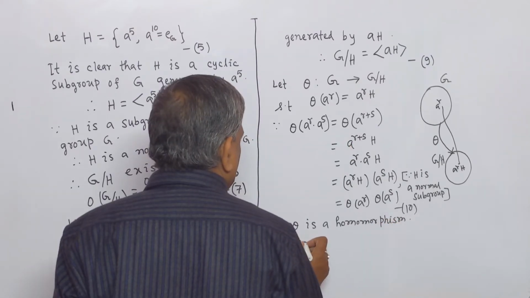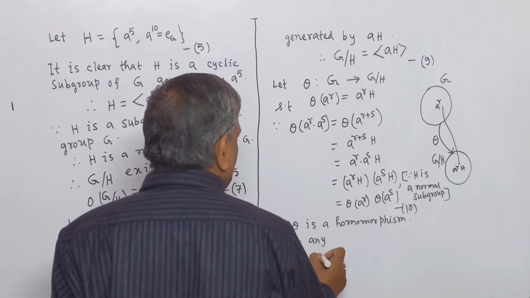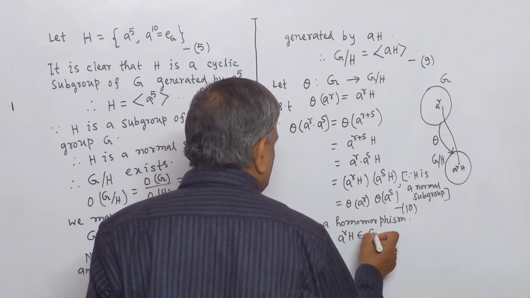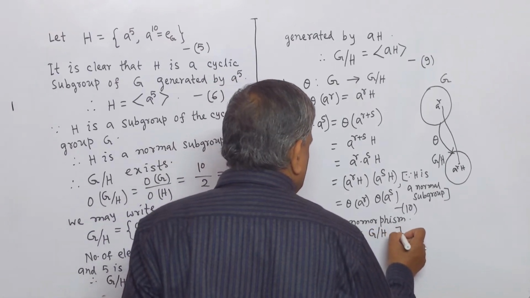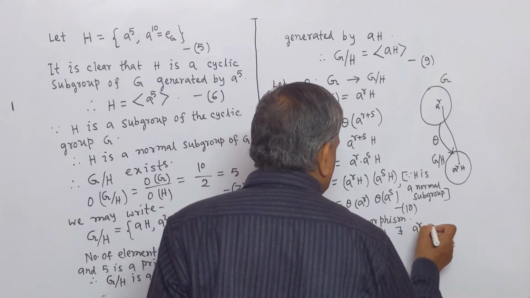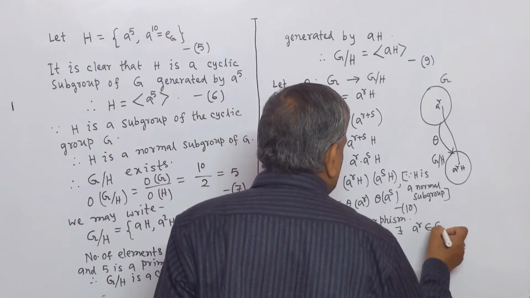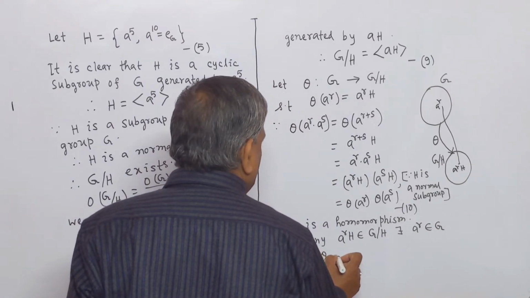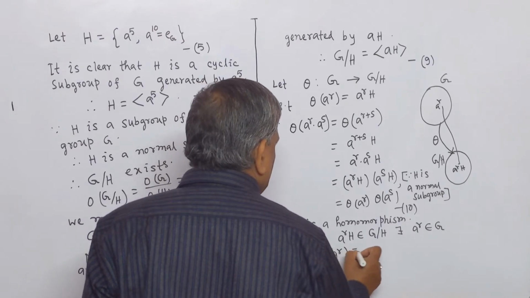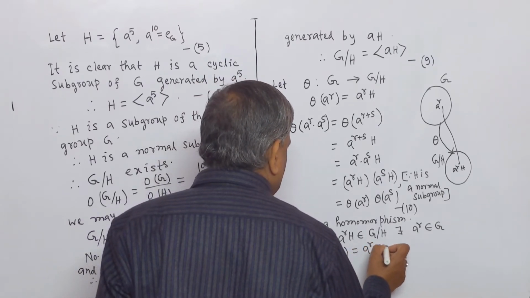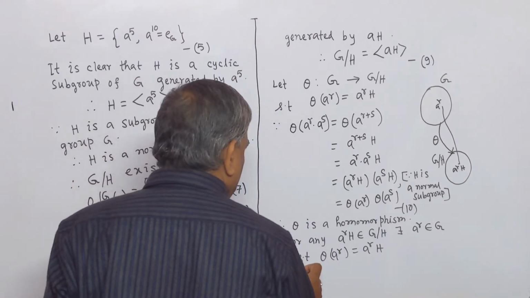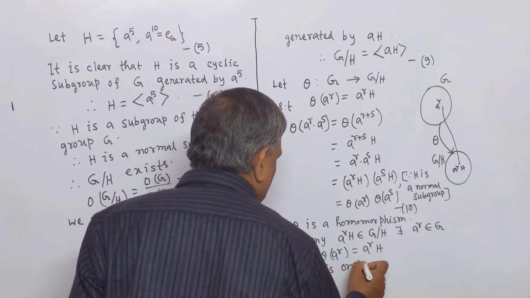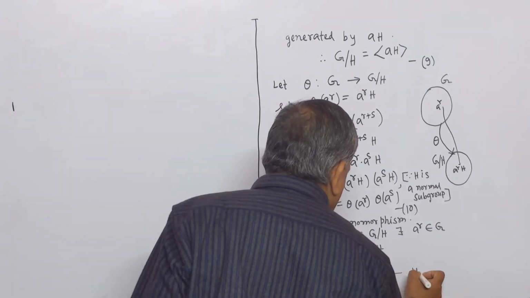For any A to the power R H belongs to G by H, there exists A to the power R belongs to G such that theta of A to the power R equal to A to the power R H. Therefore, theta is onto. This is number 11.